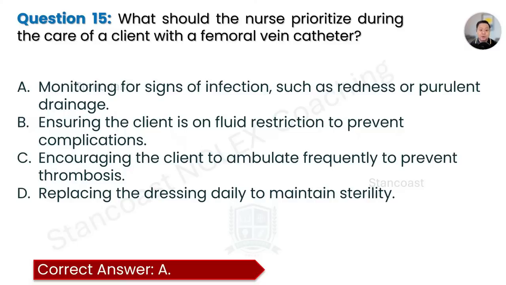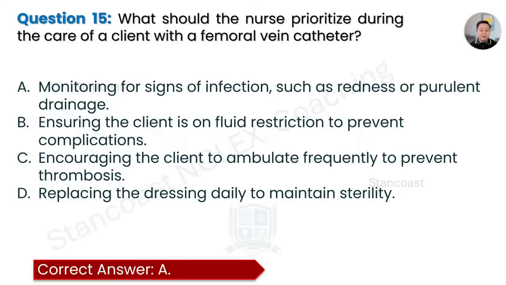Now, an early sign of infection can possibly be redness, swelling, there could be purulent drainage, and systemic signs like fever, and you have to monitor for these findings, which will allow you to promptly intervene to prevent sepsis. Now, you have to always prioritize infection prevention in clients with invasive devices, such as this one.